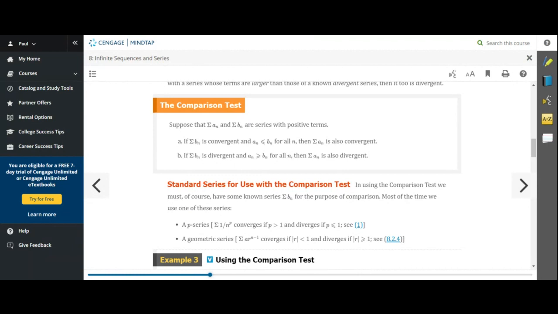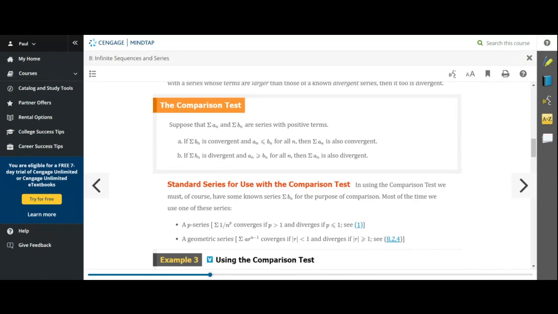So if you have two series, if the larger series is convergent, then the smaller series is convergent. That's what part A says. If the larger series converges, then the smaller series converges.